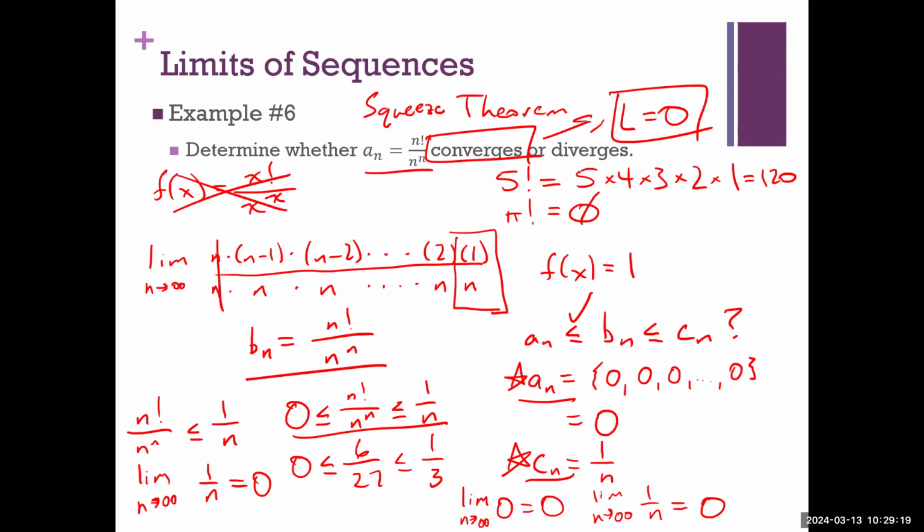How did you choose a C of n? If you already knew that the limit converged at 0, what's the point? Well, we had two options, right? Here's what we didn't know for sure.